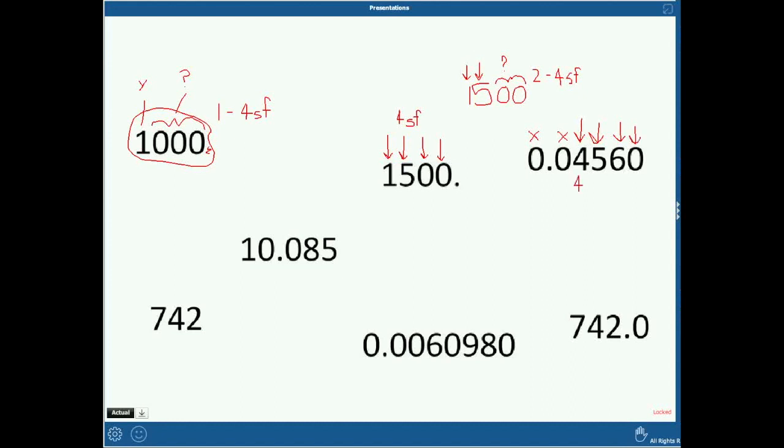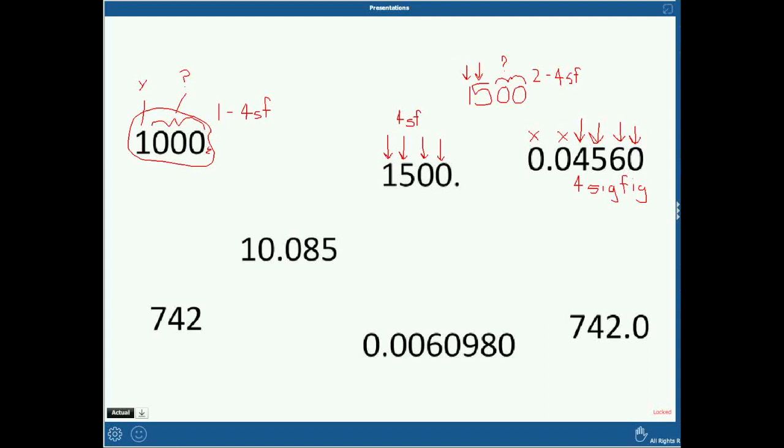So this number would have 4 sig figs. This one has 4 sig figs because this one counts, this one counts, this one counts, and that last zero counts. The front two zeros don't count. They're just a way to get to the rest of the number.